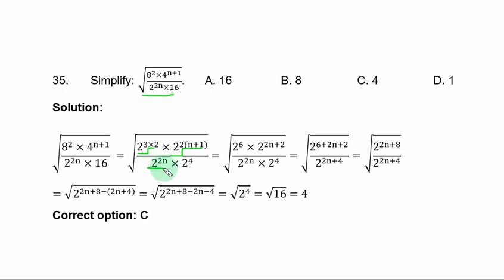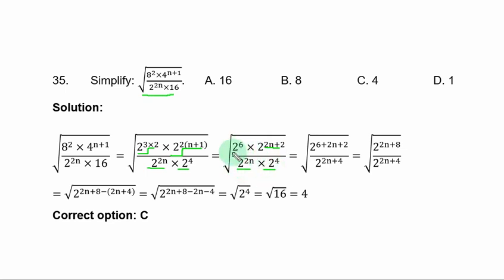This term remains the same. You express 16 as 2 power 4. If you simplify by multiplying the powers, you have 2 power 6. That is 3 times 2 now, times you have 2 times n plus 1. You have 2n plus 2.